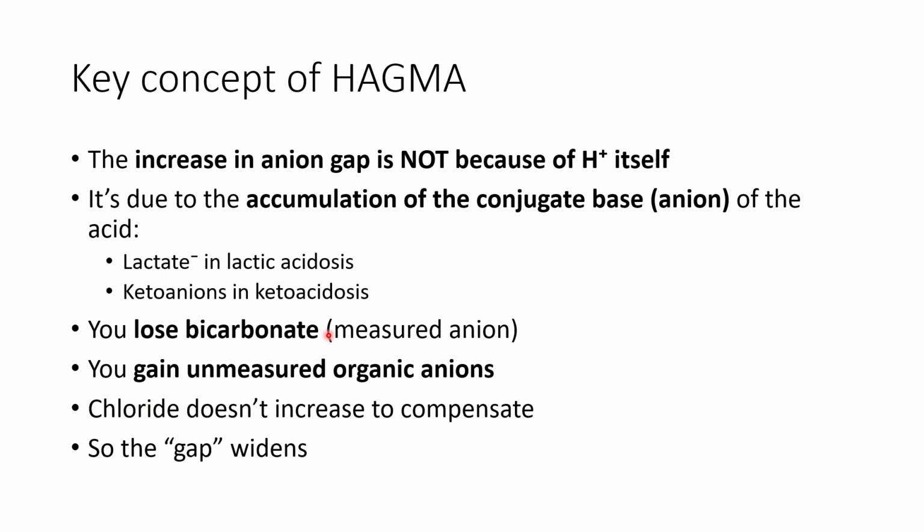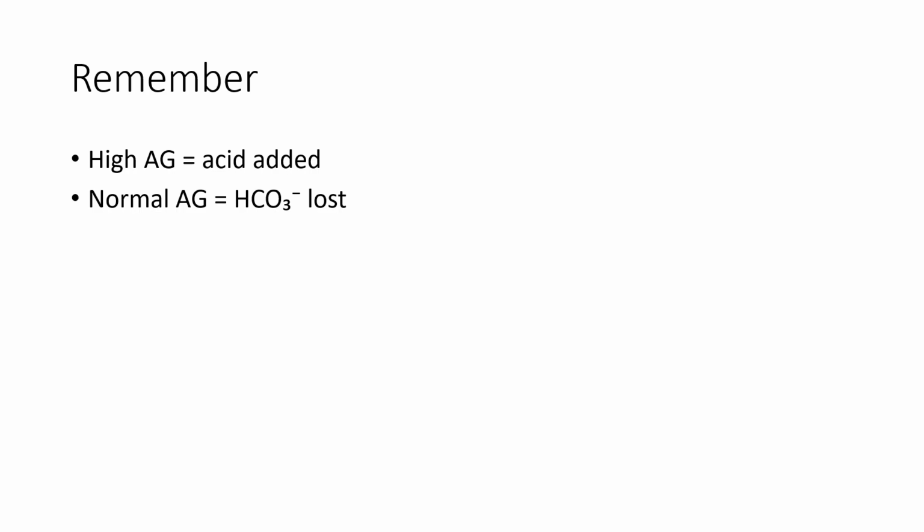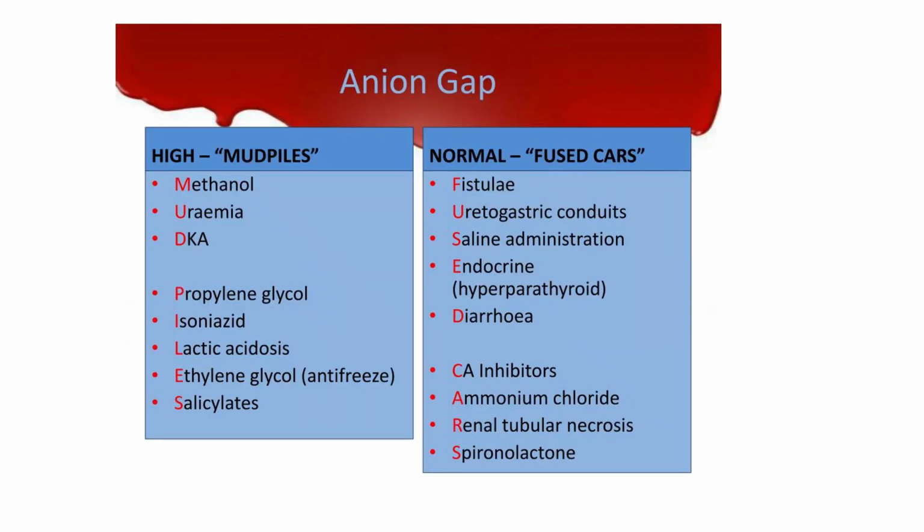It is just being used as a buffer. So the gap widens. You just have to remember that high anion gap means acid is added. Normal anion gap means a loss of bicarbonate that is being compensated by increase in chloride.